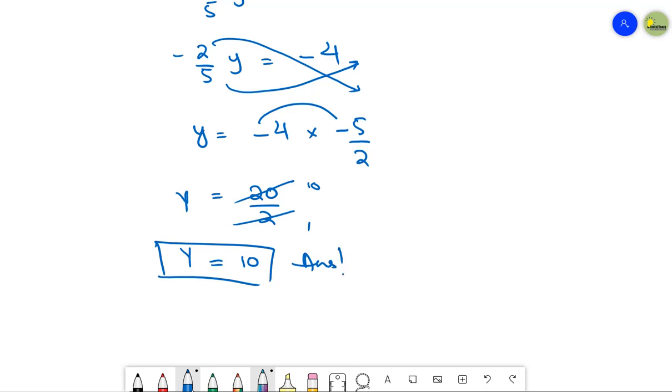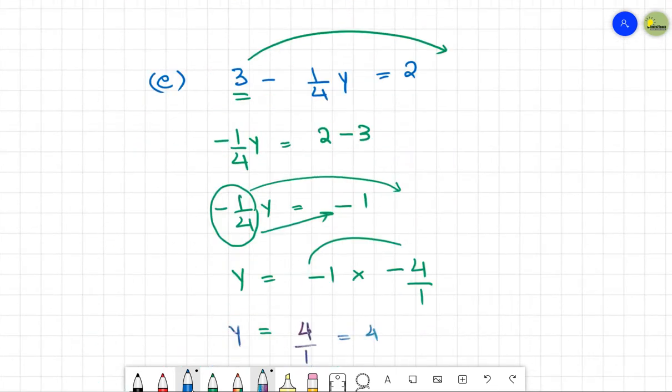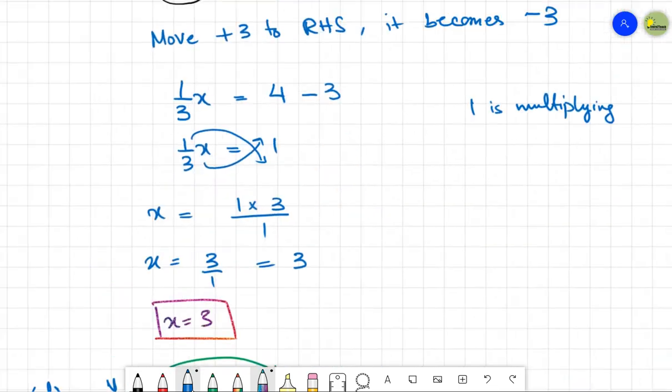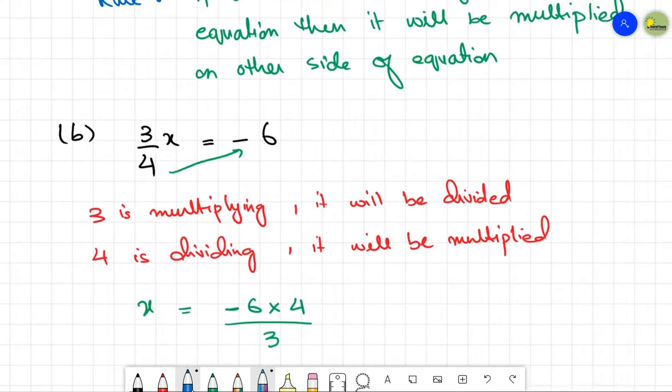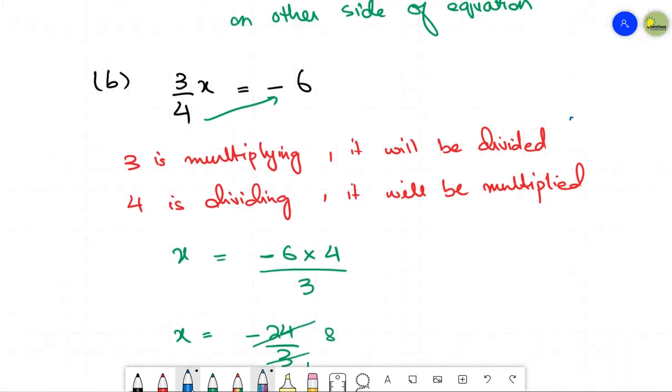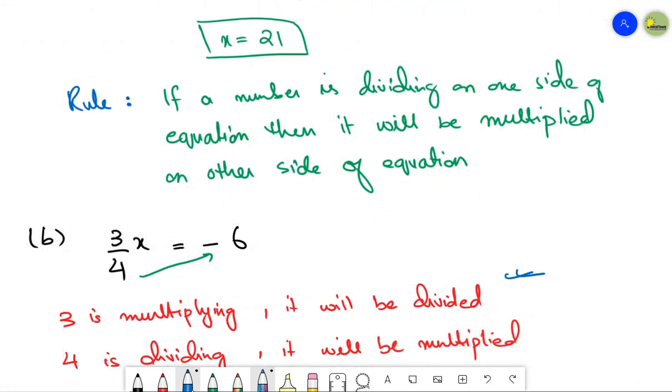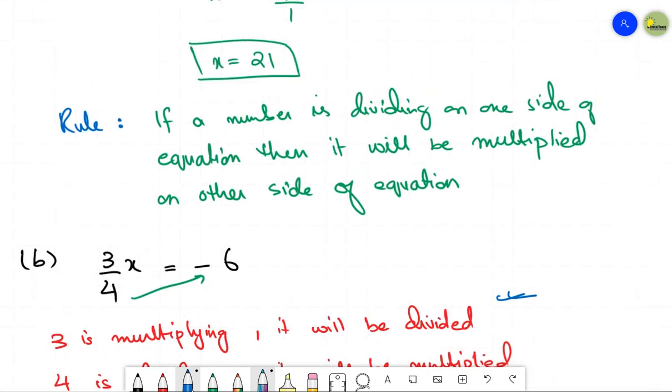In this way, we have solved all these parts of question number 5. The important thing is that you must know the rule that I have discussed over here. Look at this. When a number is dividing on one side of the equation, it will be multiplied on the other side of the equation. Keep in mind.